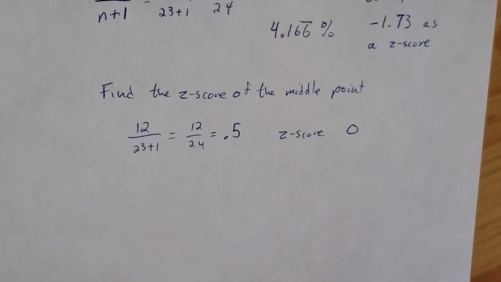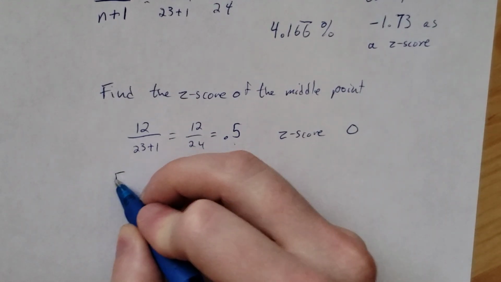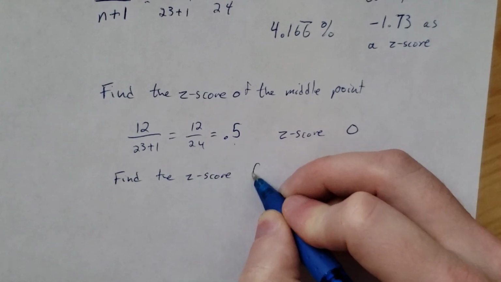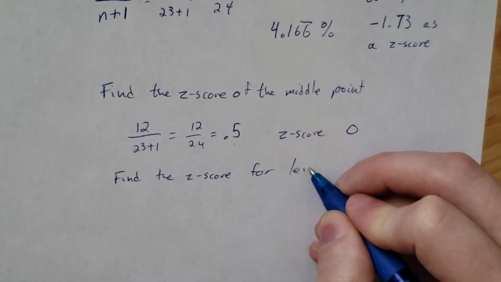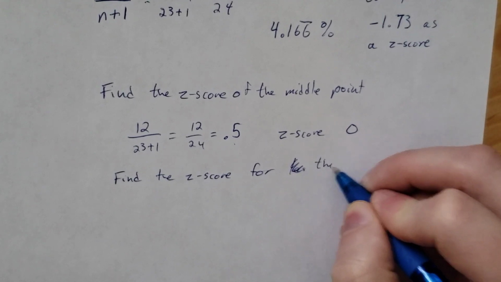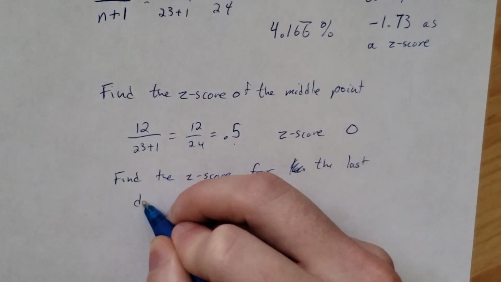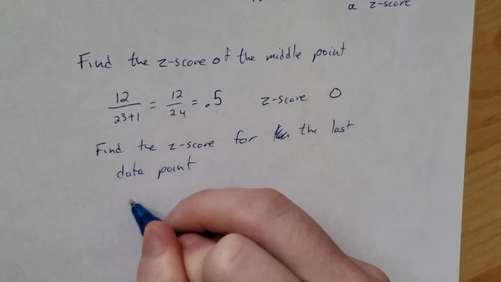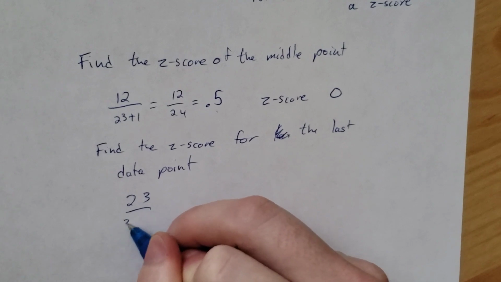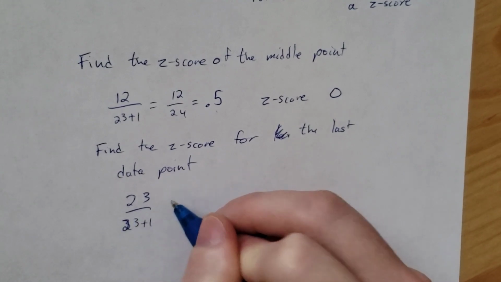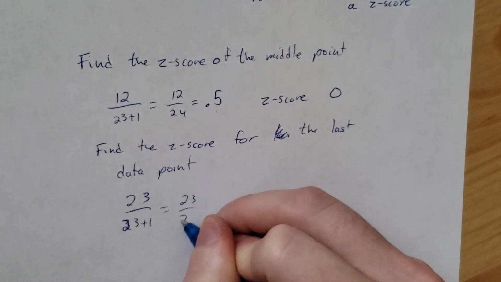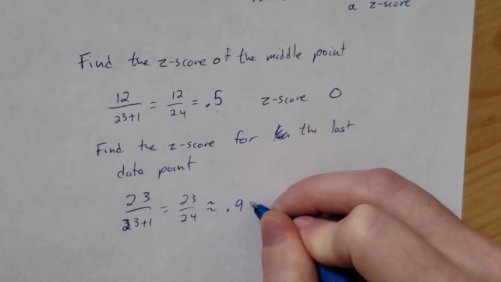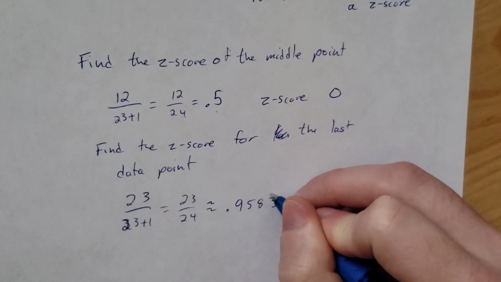Let's go ahead and do one more. So let's find the z-score for the last data point. Well, this is 23 out of 23 plus 1, which is 23 24ths, which is approximately 0.9583 repeating, right?